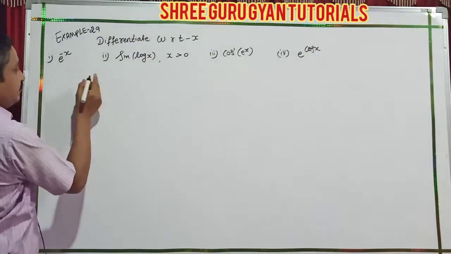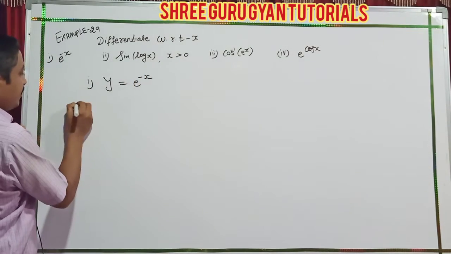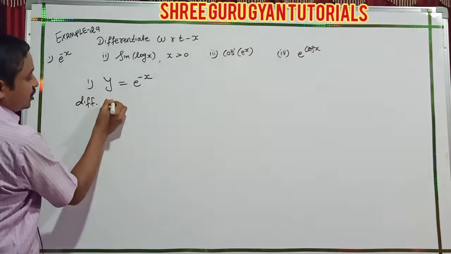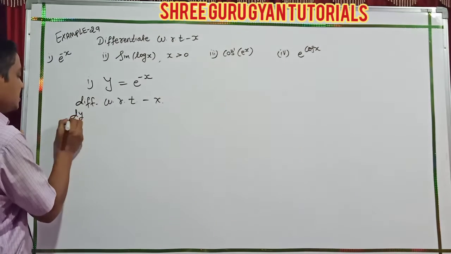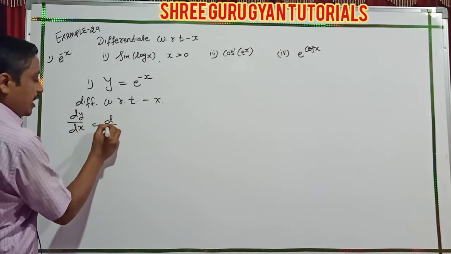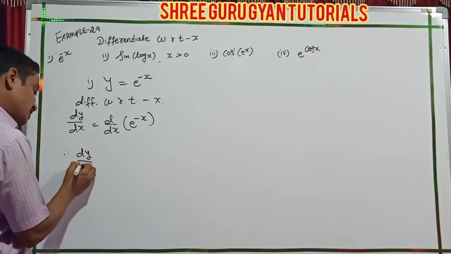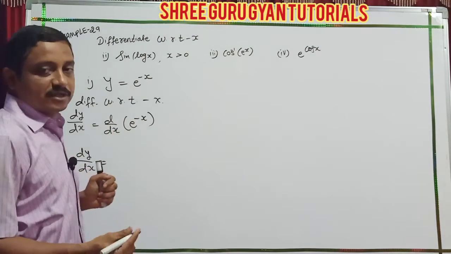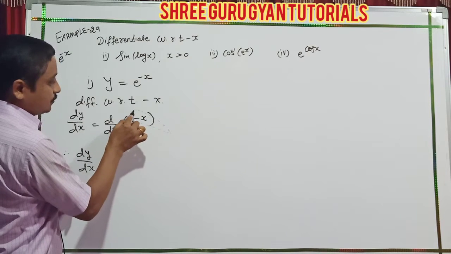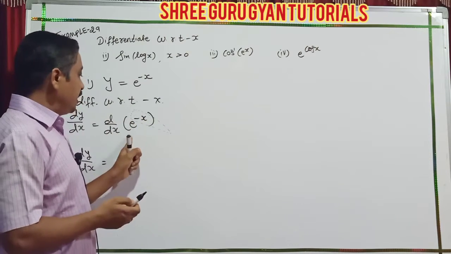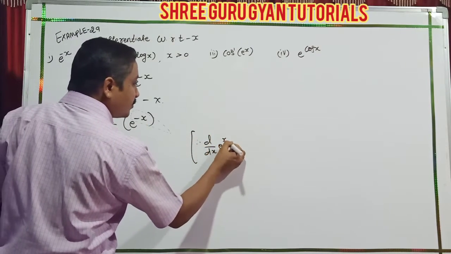First of all, I am taking the question y is equal to e raised to minus x, and differentiation with respect to x starts. So students, here dy by dx, d by dx of e raised to minus x. Here, take this as one of the composite functions, and only the e raised to x derivative is known. d dx of a raised to x, how much?